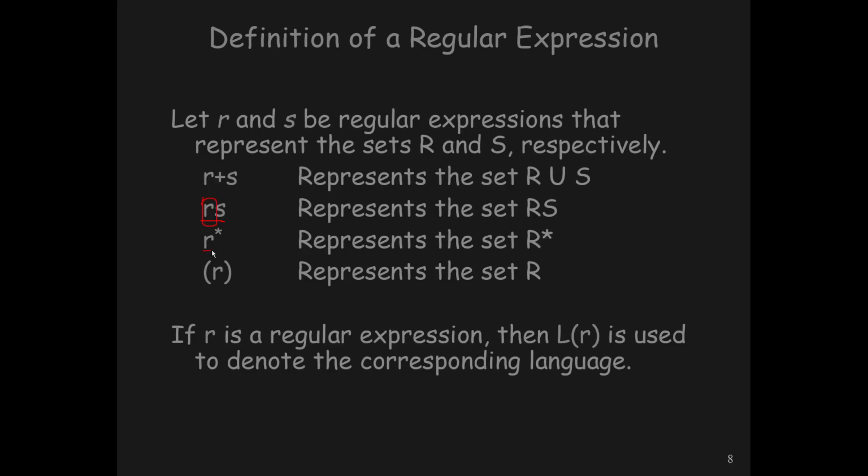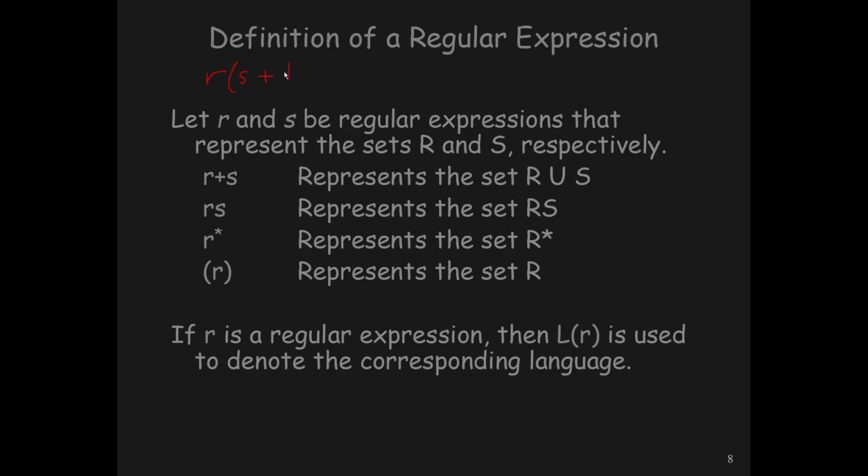You can have the Kleene closure, which is L star for some language L. And finally, the grouping. Now, this is just the same thing as that, except the whole thing is taken as a single thing.